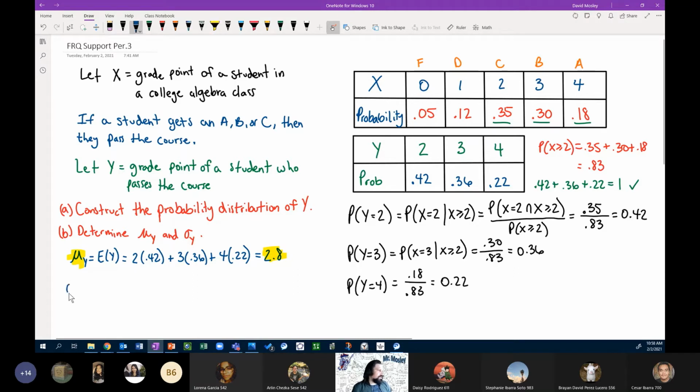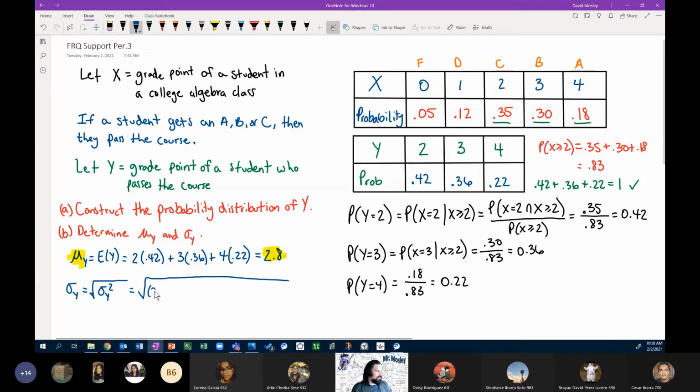For the standard deviation, the standard deviation of y is equal to the square root of the variance. We have to calculate the variance for this, and we can do this all in one crazy big square root.